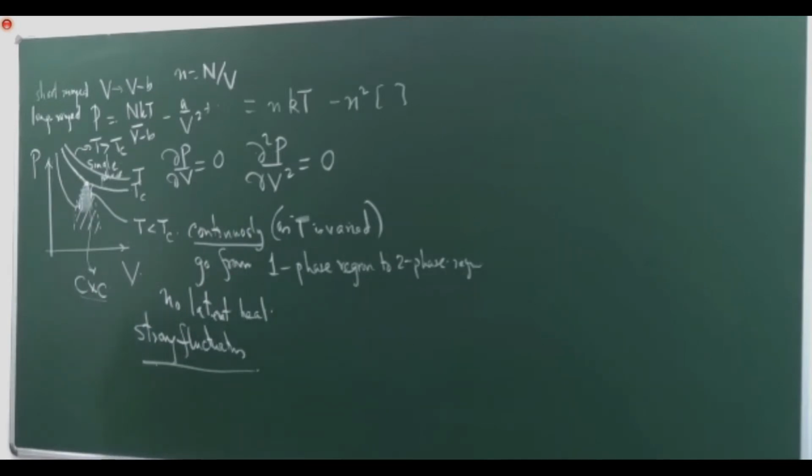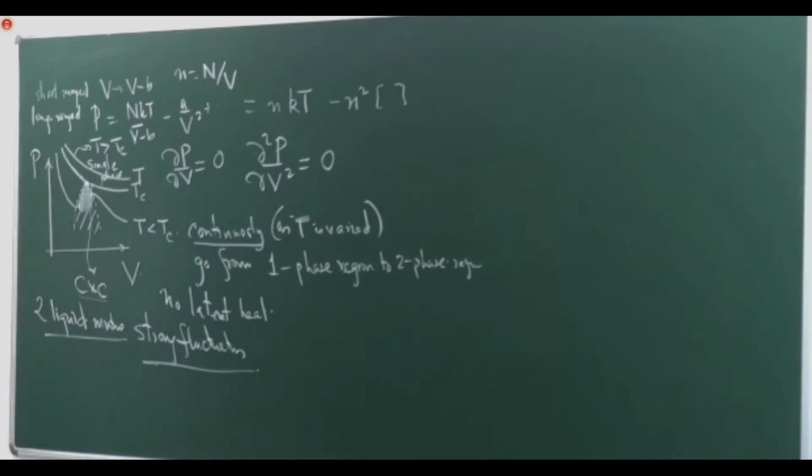The cleanest picture, something which could be done at room temperature, is that instead of using a liquid-gas system, it is more convenient to use a two-liquid system, a liquid mixture, which has a similar behavior.